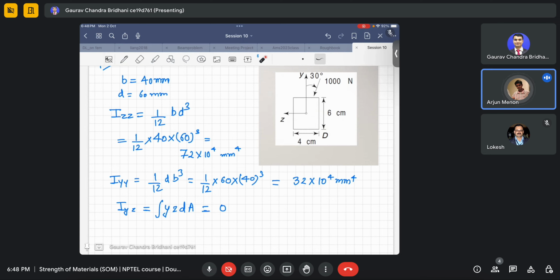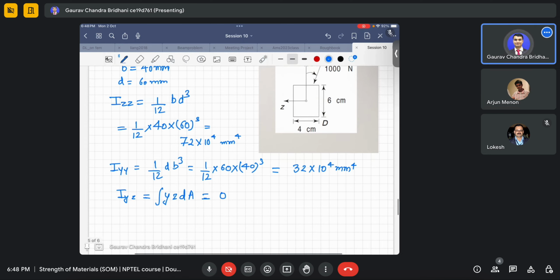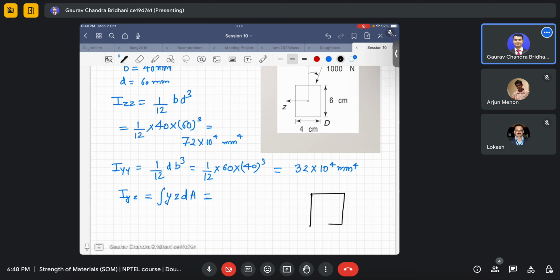So, I'll write it here. What happens basically, what we do, I'll draw here. I am taking this as positive z and this as positive y, as given in the question. We take a very small area here at a distance of z and at a distance of y, where the width will be dz and this will be dy.